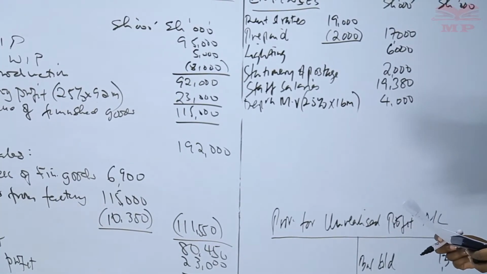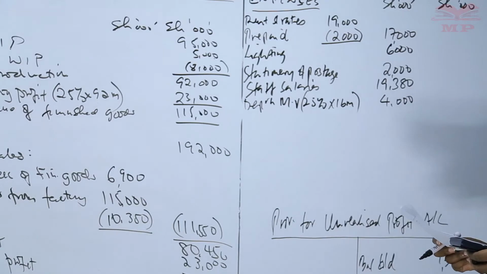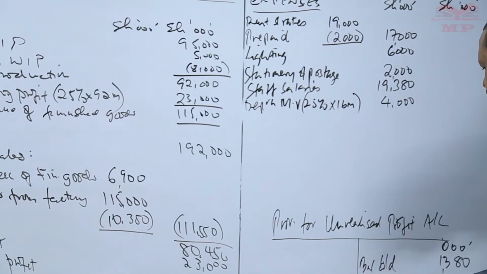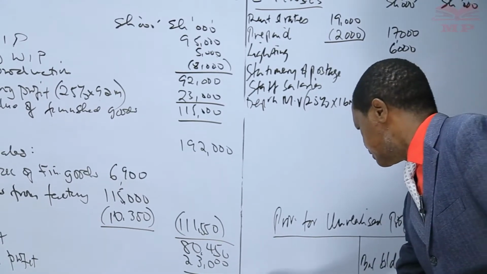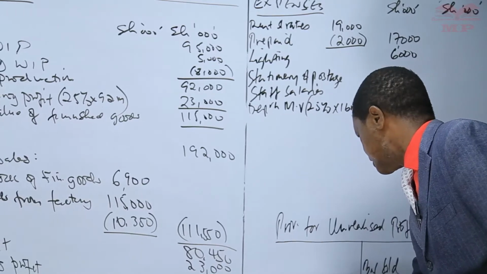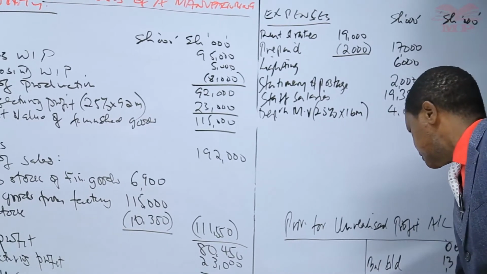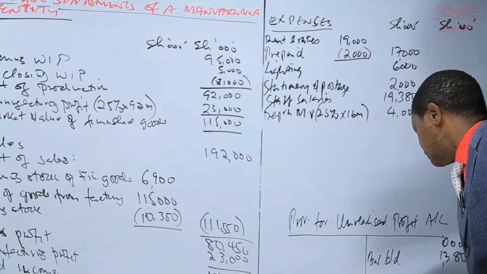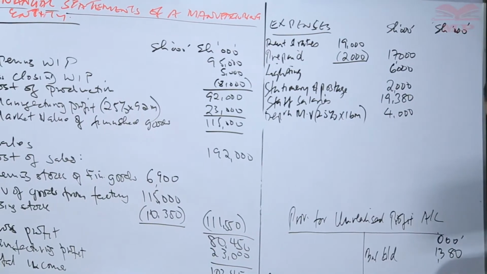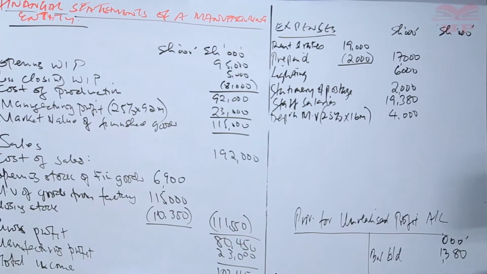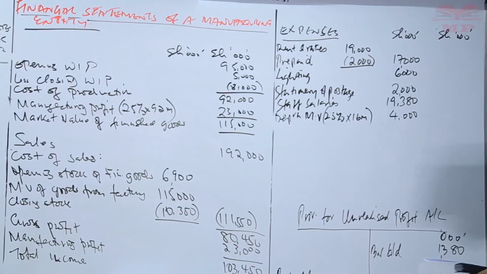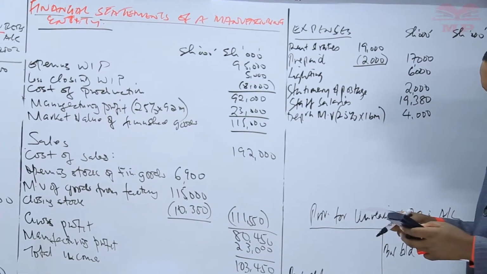So we need to calculate the unrealized profit at the end here. Balance carried down at the end. Then we see if the balancing figure will be an increase or a decrease in provision for unrealized profit.